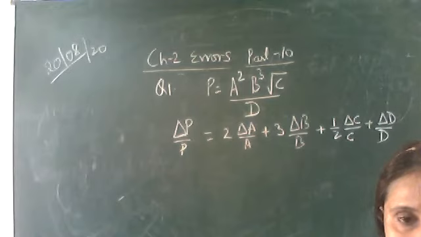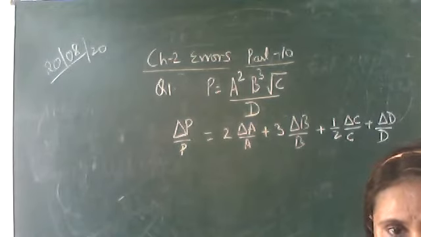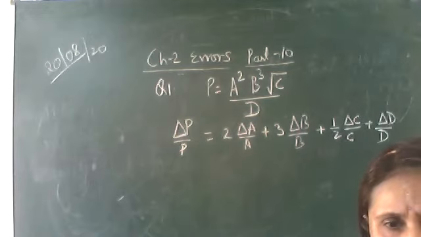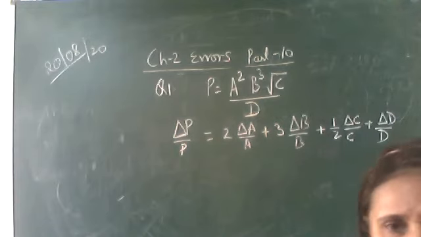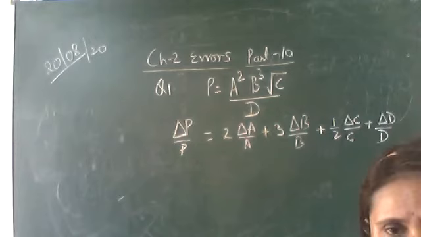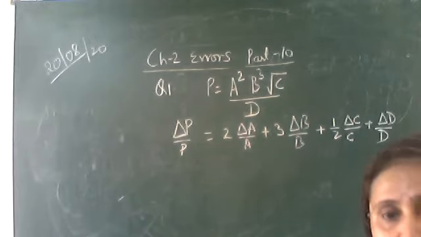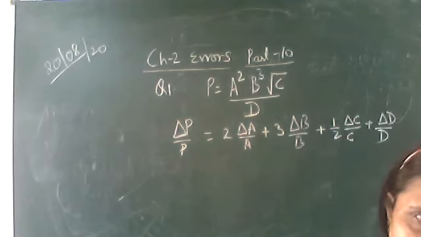Ma'am, why did we not take D power -1? Okay, that is binomial expansion. Leave it, you will not understand that right now, whether you are a math student or a bio student. If you are a math student, you will study it later on. Bio students, no need to worry.